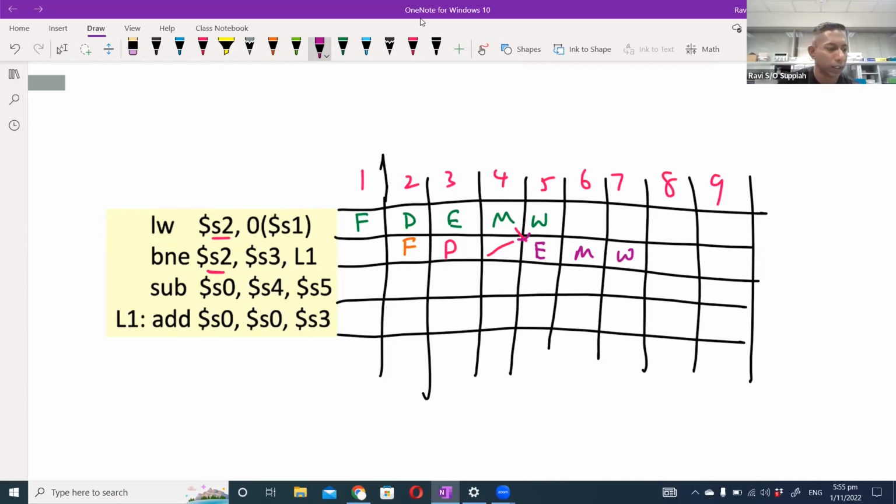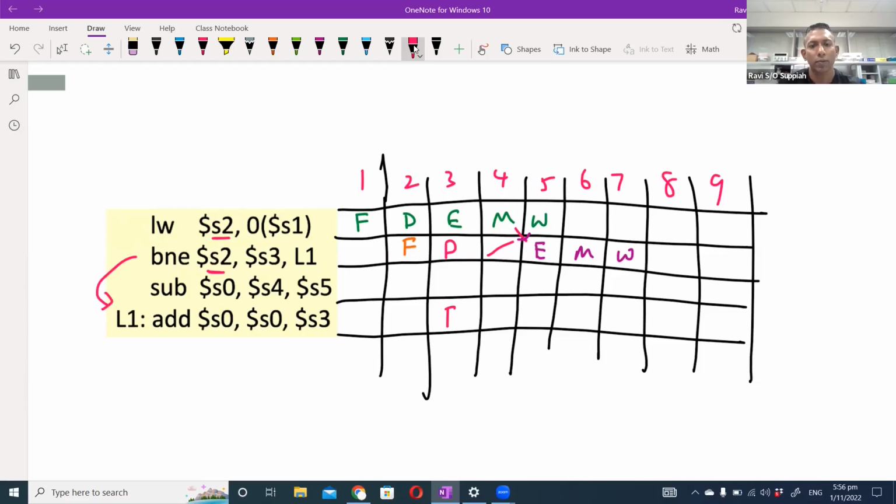Since we say that the branch is taken, the next instruction would be this instruction. We always assume that the branch is taken. That means when I fetch this instruction, from here I will go straight to here. So this sub instruction will not be fetched from memory.